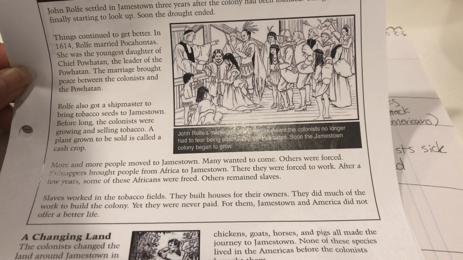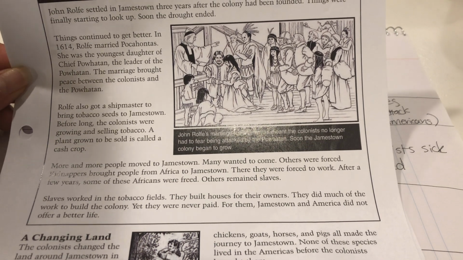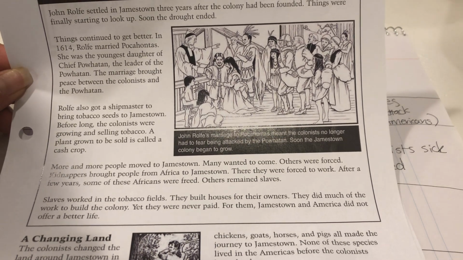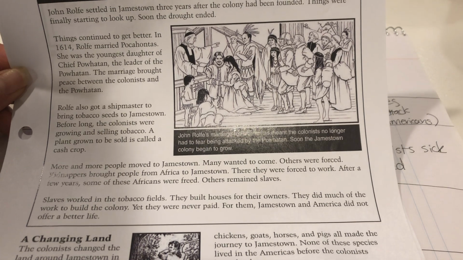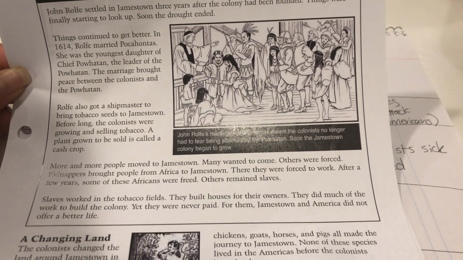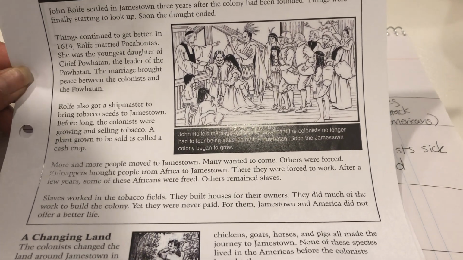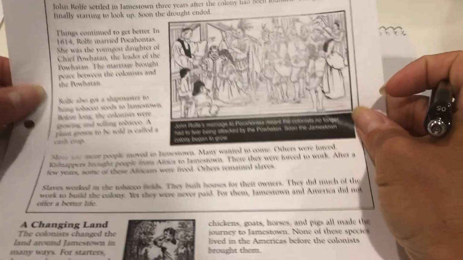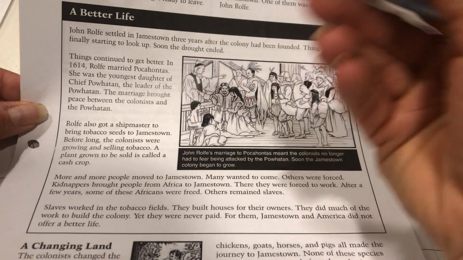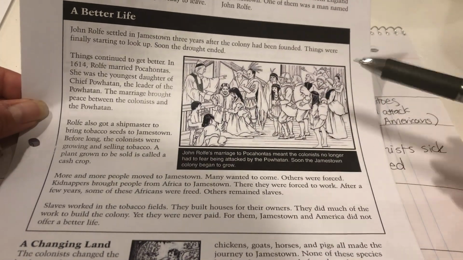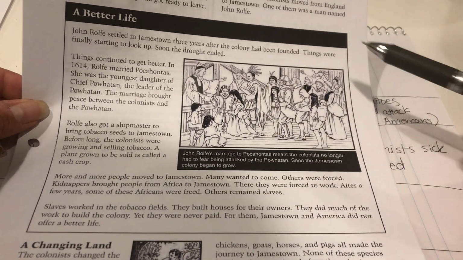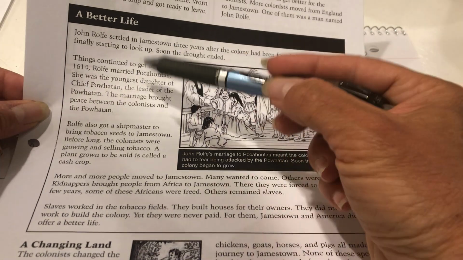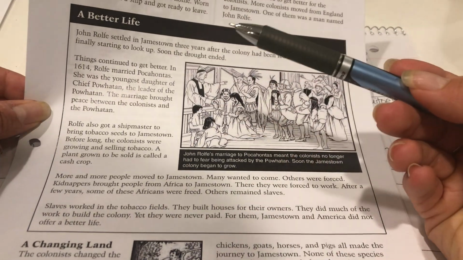Slaves worked in the tobacco fields. They built houses for their owners. They did much of the work to build the colony, yet they were never paid. For them, Jamestown and America did not offer a better life. All right, so we're going to think, what made life better? Who made life better? This focuses a lot on John Rolfe and how he made life better.